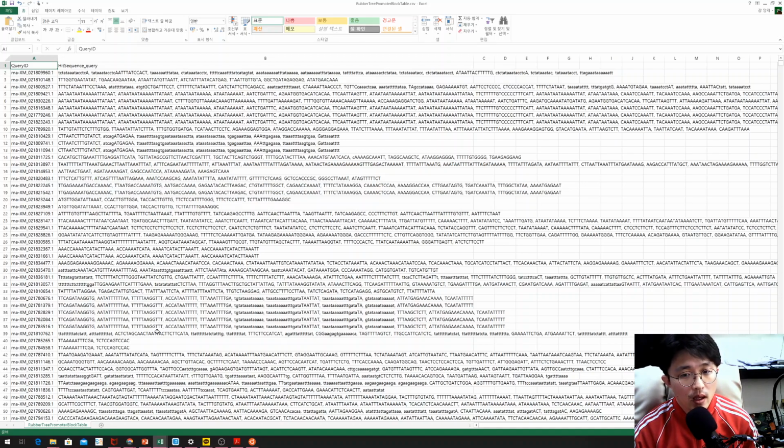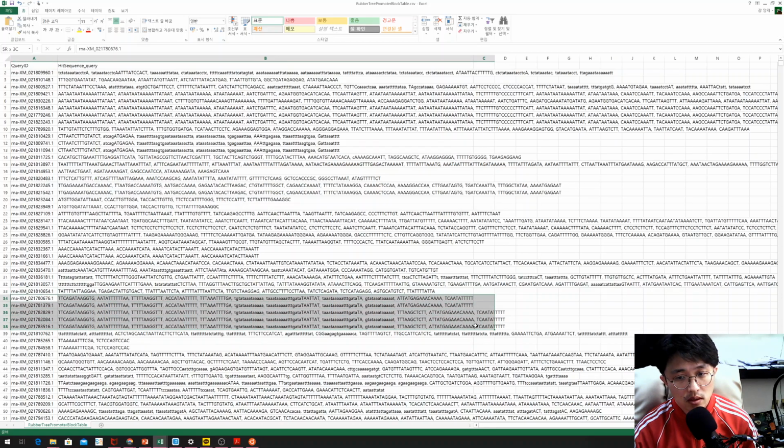So you may notice that, for example, these genes share some blocks, which means these genes are controlled by one element or one complex, or we can say one trans element, right?